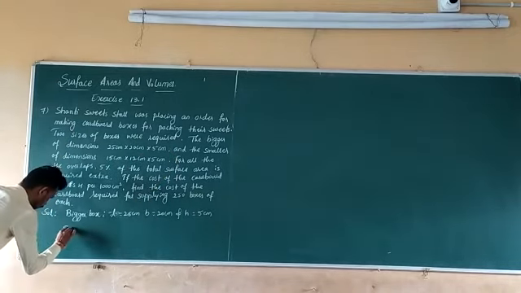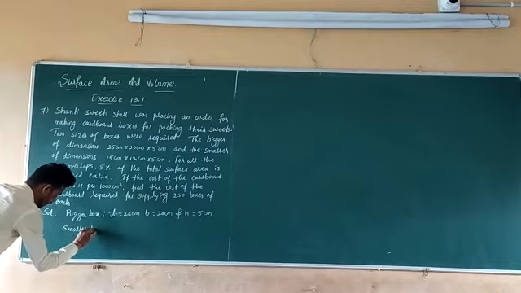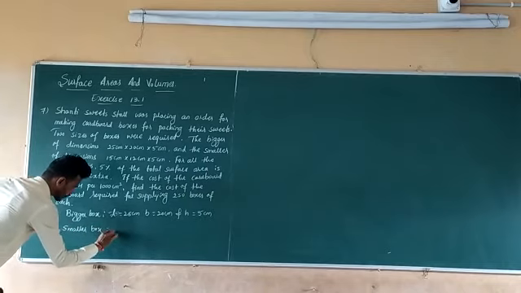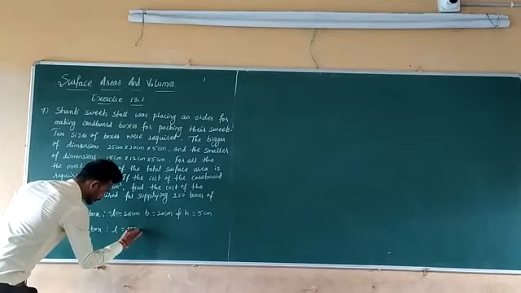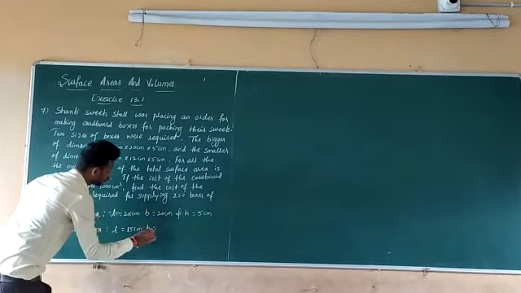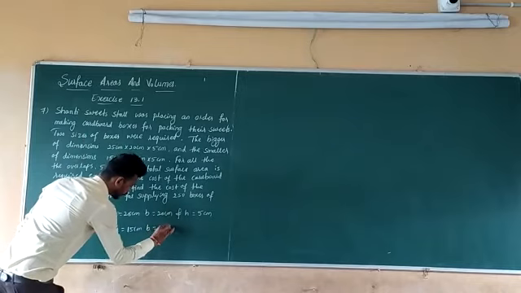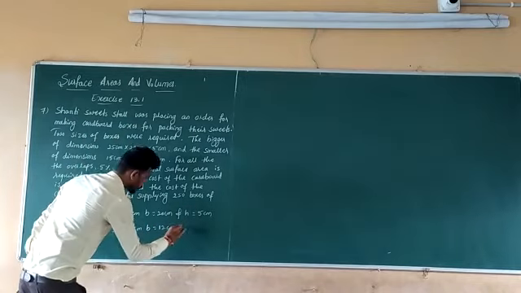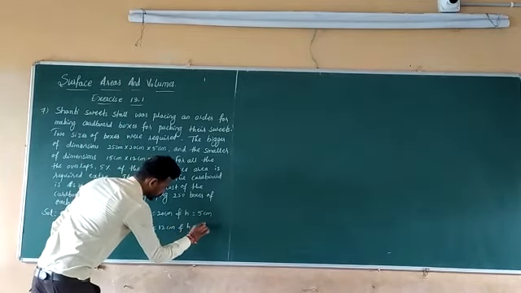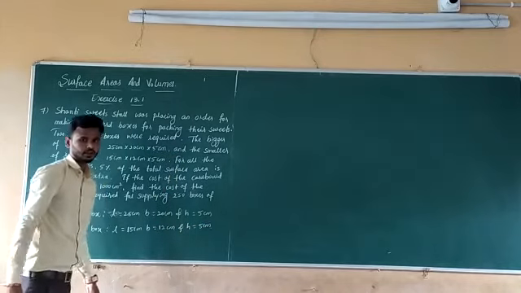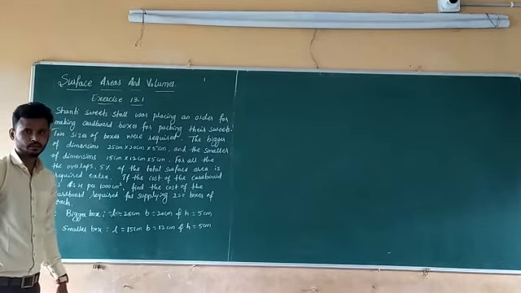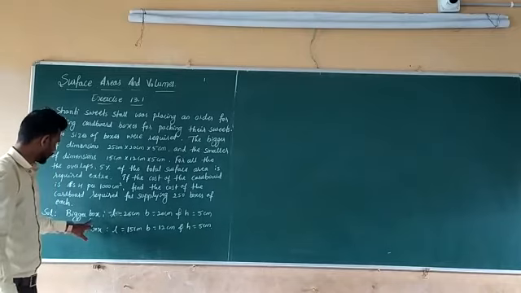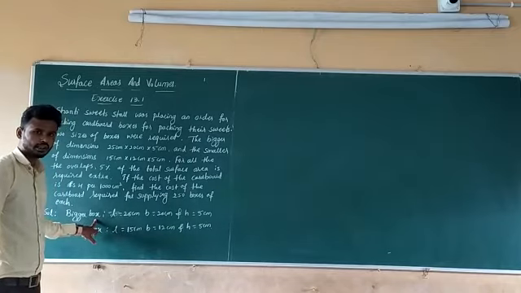Similarly, smaller box dimension, L is equal to 15 centimeter, B is equal to 12 centimeter and H is equal to 5 centimeter. So they are given dimensions of smaller and bigger boxes. Now let us find the TSA of smaller and bigger boxes.